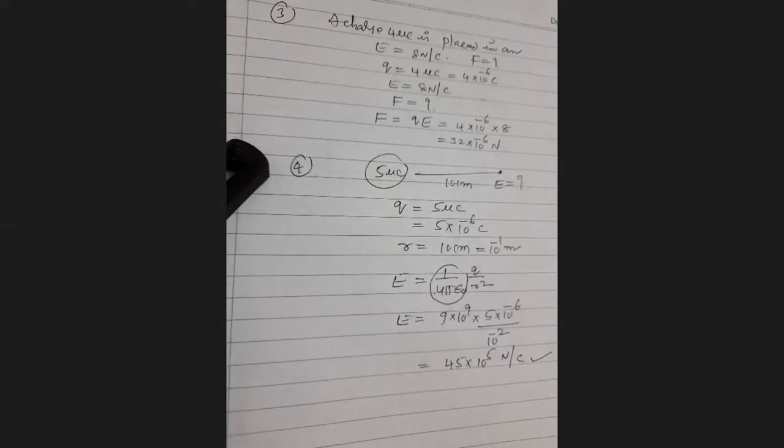So one more problem: two charges Q and minus Q are placed at a distance 2R. What is the electric field strength at the midpoint of the line joining these two charges?